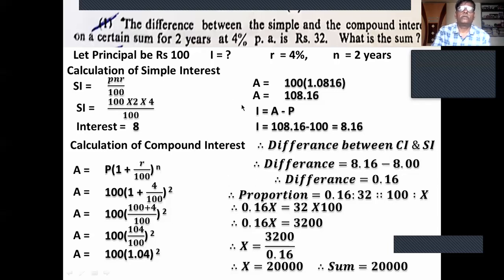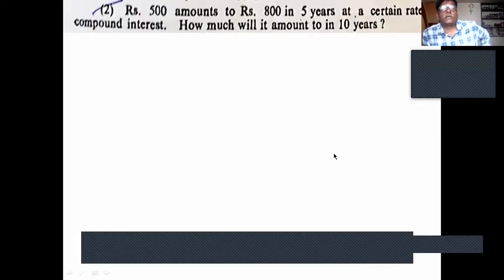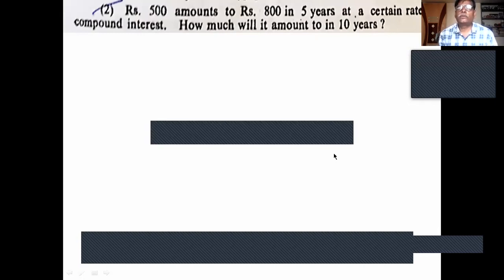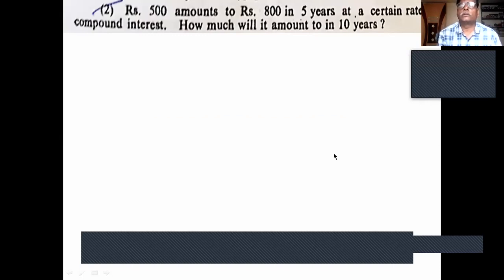Now come to the second example. You see the second example: rupees 500 amounts to rupees 800 in 5 years at a certain rate of compound interest.